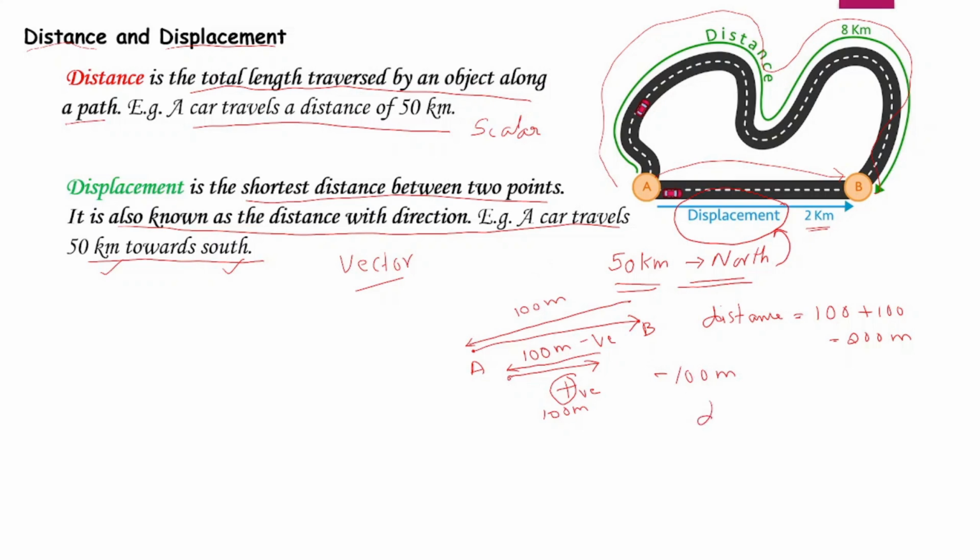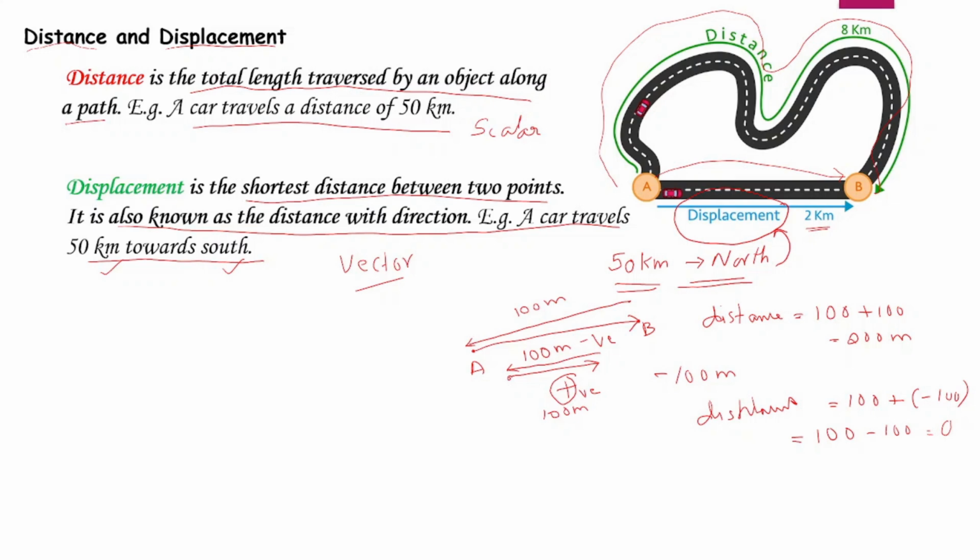That means displacement is equal to 100 plus minus 100, which is 100 minus 100 equal to 0. So displacement is 0. Distance is 200, because distance is not considering the direction, but displacement is considering the direction. From starting to ending, it is positive. From ending back to starting, it is negative.